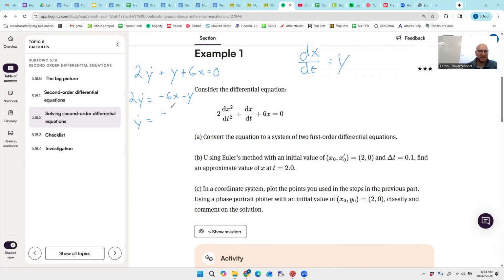To probably make this easier, I'm going to do this as negative 3x minus 1/2 y. So I'm just going to have them be separated. dy dt.